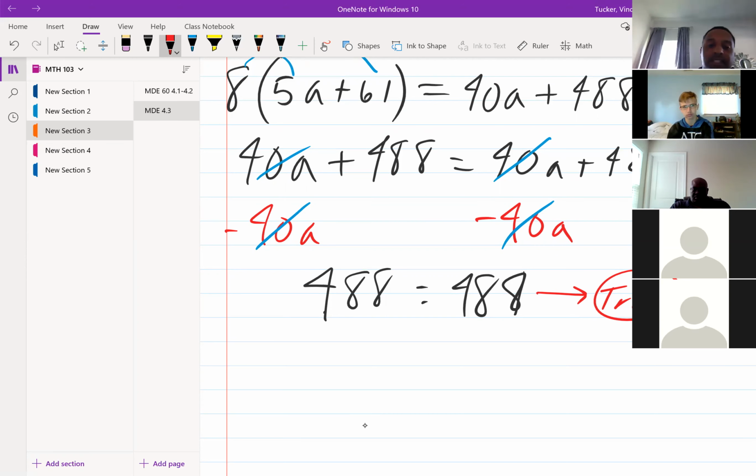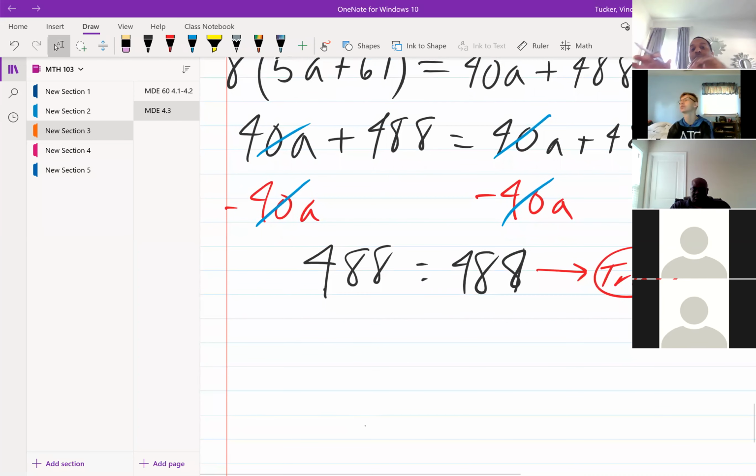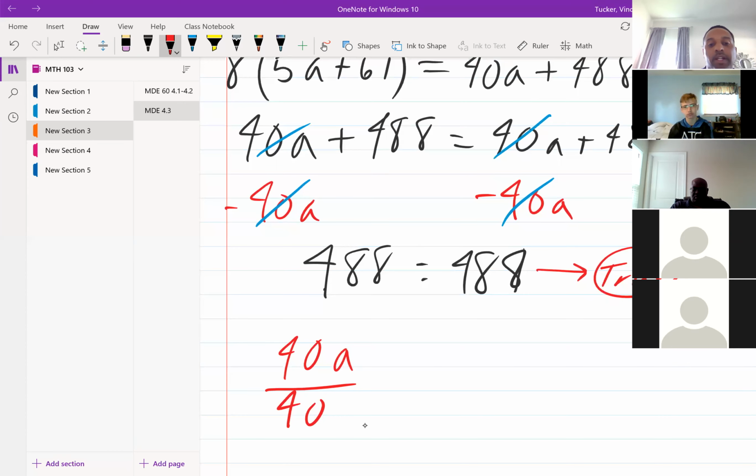No, and that's a common mistake. If 40A minus 40A cancels on one side, then that has to happen mathematically on the other side as well, because 48 minus 48 is going to be 0 regardless. A lot of people are afraid to let the variables cancel because that's not normal. The only way that A would be left is if you were dividing by it. Then you would have 1A left.